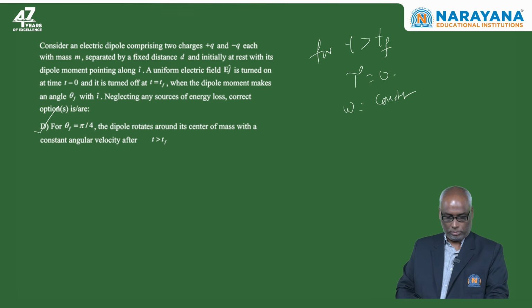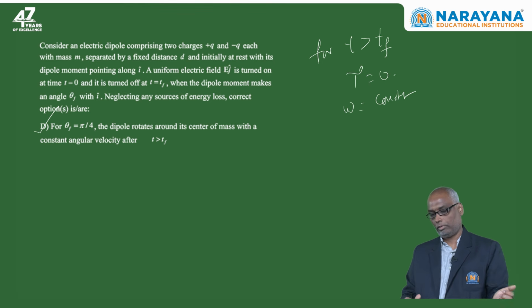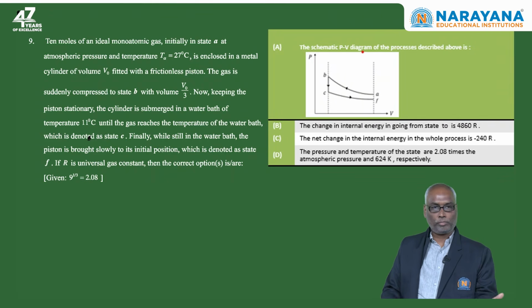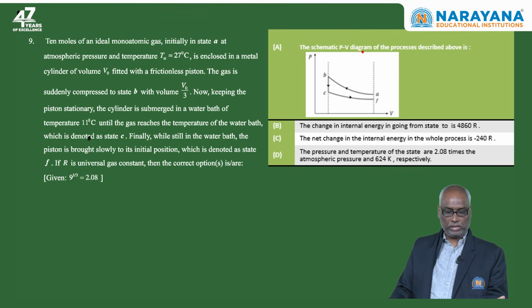Okay, next question. 10 moles of an ideal gas initially in state A at atmospheric pressure and temperature T naught equals 27 degrees centigrade is enclosed in a metal cylinder of volume V naught fitted with a frictionless piston. The gas is suddenly compressed to state B with a volume V naught divided by 3.